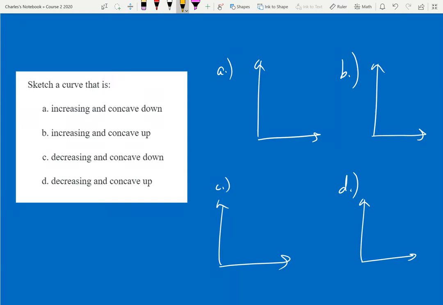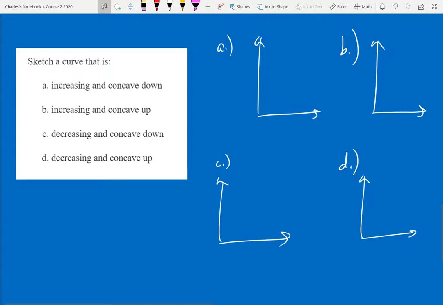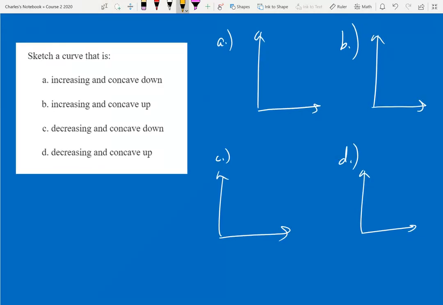And so I have to think about these and what's it going to look like. If I sketch one that's increasing and concave up, then it's going to look kind of like a quadratic. And what would it look like if it was increasing but not concave up, increasing but concave down? Well, it would be getting flatter, and it'd be kind of like a root function.